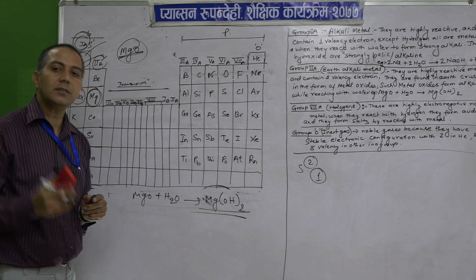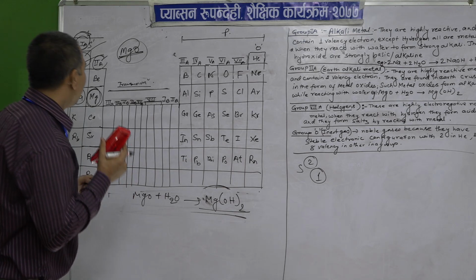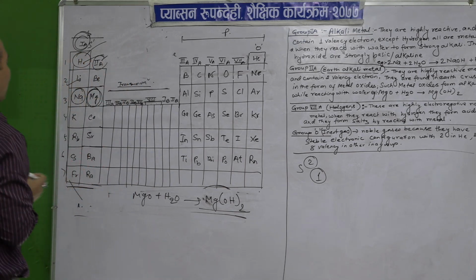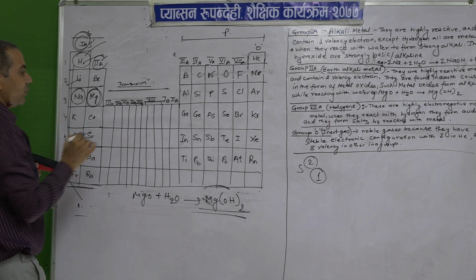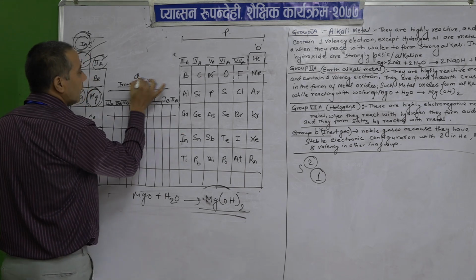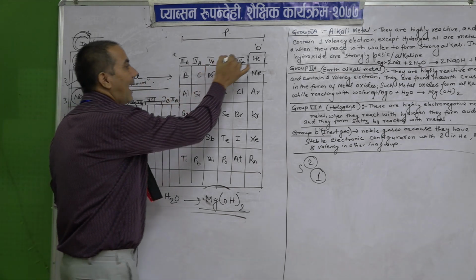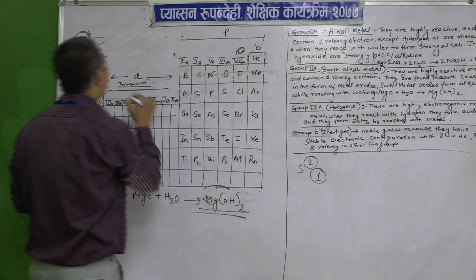Therefore, they are called alkaline earth metals. Now we come to the next one. We will leave the D group. Now we will go to another group that we call the halogens, 7A.